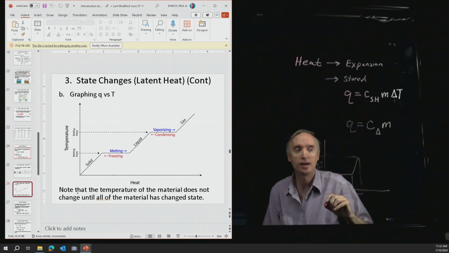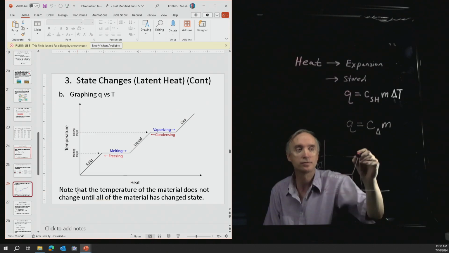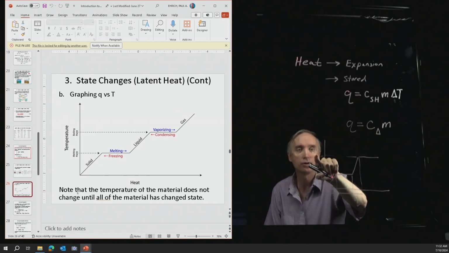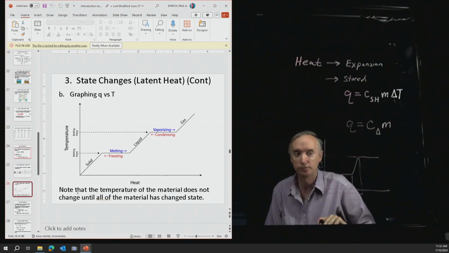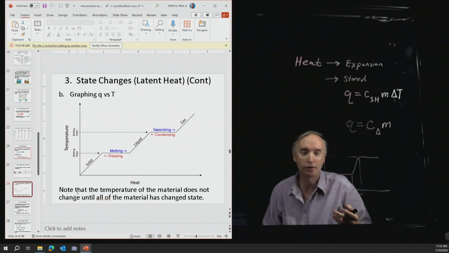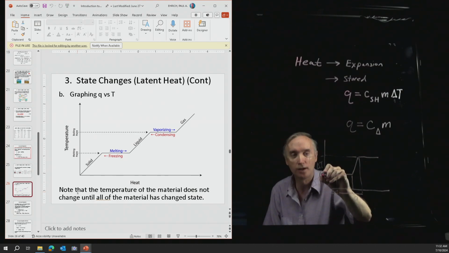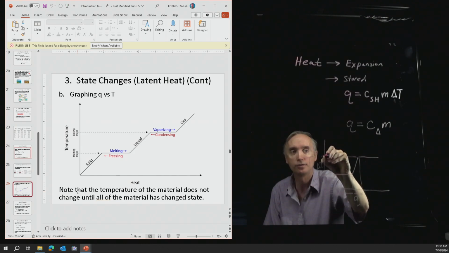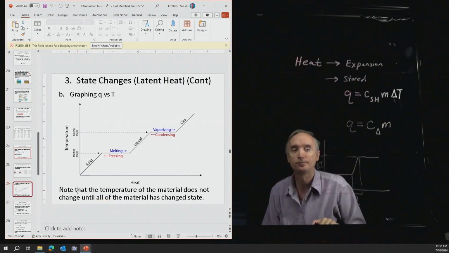Then the next thing that can happen is it could change from a liquid to a gas. So then it goes sideways, because this is going to occur at only one temperature for a certain pressure. In the case of water, this temperature right here would be 0, and then this temperature up here would be 100 degrees Celsius.